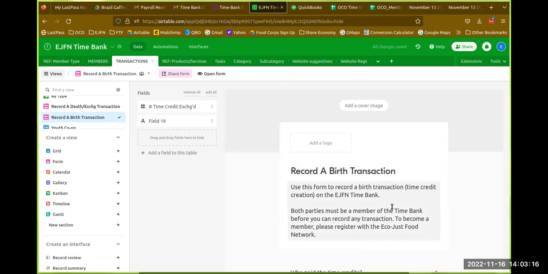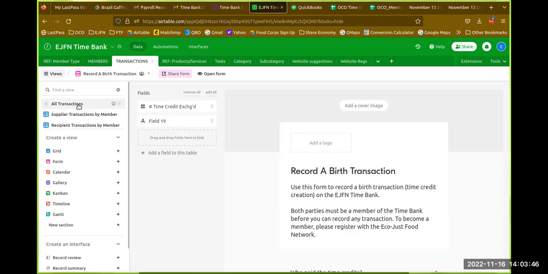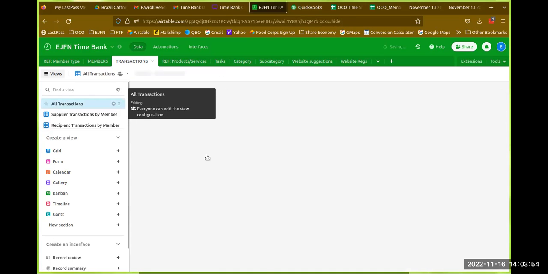Although this form we're not really using because, like Em mentioned, we've made automations between the food corps management table and the time bank table, so that as soon as a work trip gets logged as completed and all those details get entered into the food corps table, it automatically creates a birth transaction in our time bank database. So this is somewhat redundant, but who knows, we may change that.